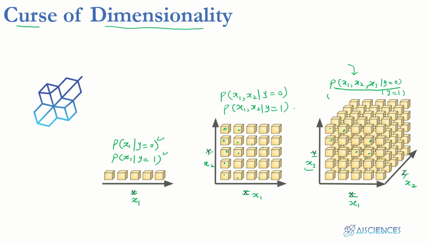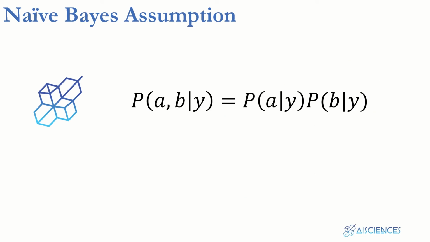In many cases, the features are on the order of hundreds and even millions today. And the data required to estimate these probability distributions reliably, that availability of data, is not always guaranteed. So that's a big problem to estimate this joint distribution. To handle this problem, there are several ways, and one way is to assume that different features are independent in a particular class.